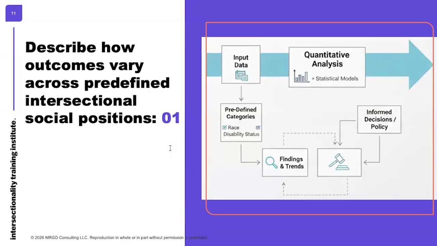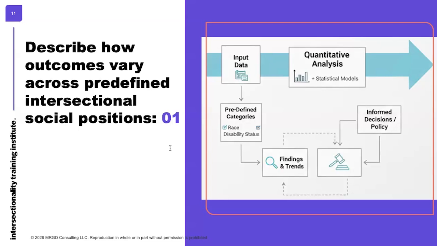So the first thing we want to do is describe how outcomes vary across these predefined categories. So you have a paper you want to do. You are very interested in Black sexual minority men, right? So you have axes of gender, sexuality, and race. These are the predefined social positions you're interested in.